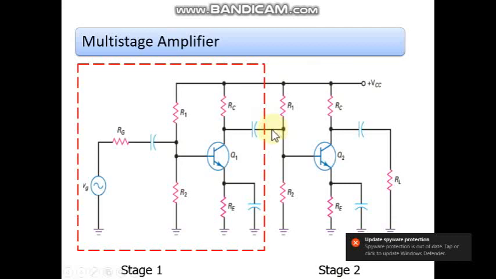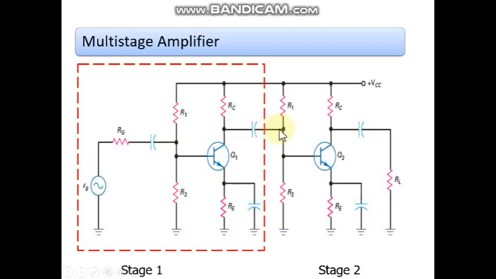Here the same output that is amplified and inverted is given as input to this base, that will be amplified and inverted and will be available across RL. So here you will get amplification and 180 degree phase shift. Here also you will get amplification and again 180 degree phase shift. So a total 360 degree phase shift for the output voltage you get across RL. So that means it will be in phase with the VG.